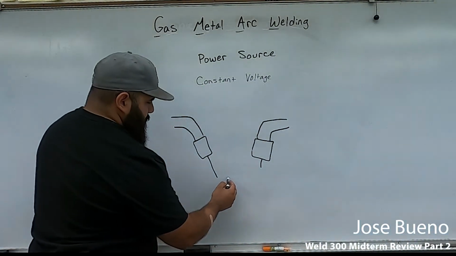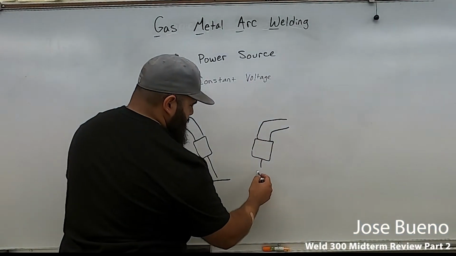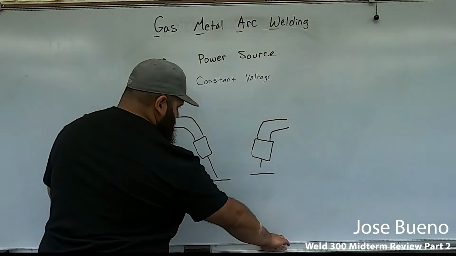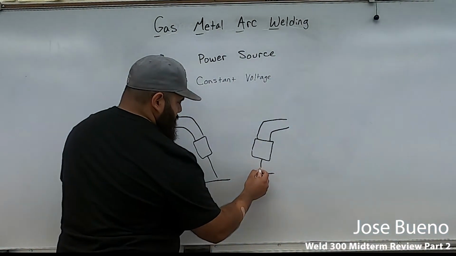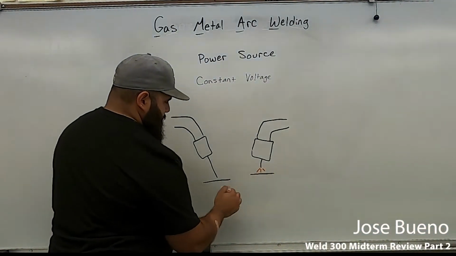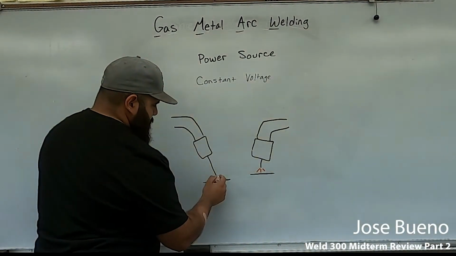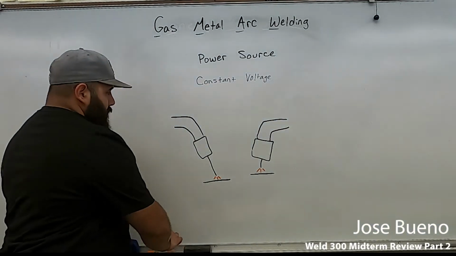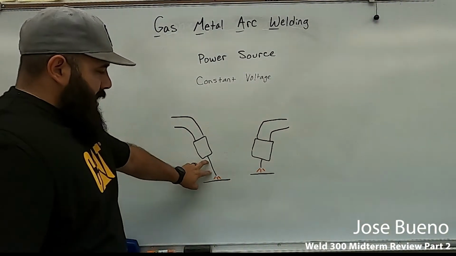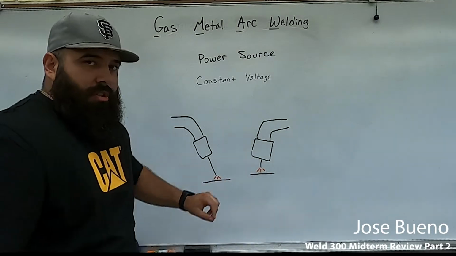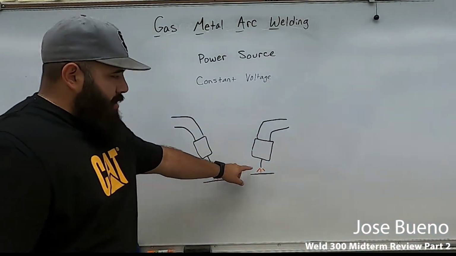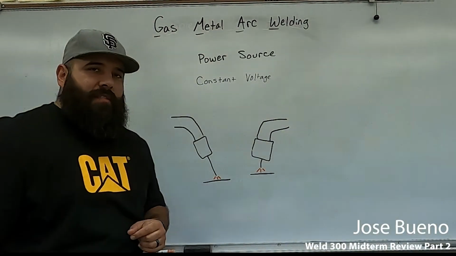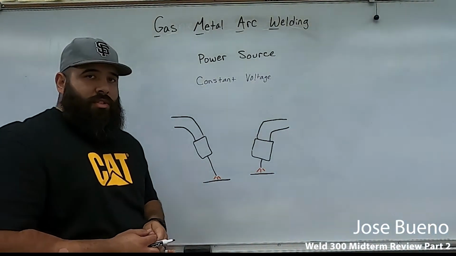If they're both just welding on a flat plate, the welding arc should be relatively the same length for both examples. So whether longer stick out or shorter stick out, the arc length remains relatively the same because we have a constant flow of voltage.